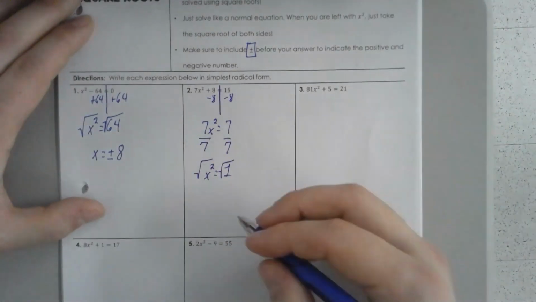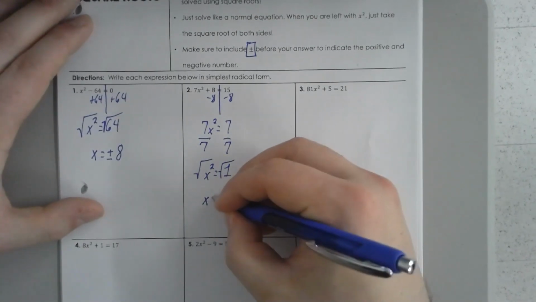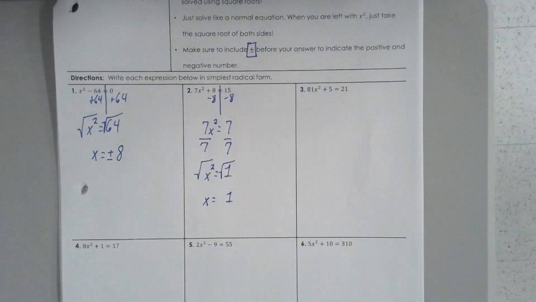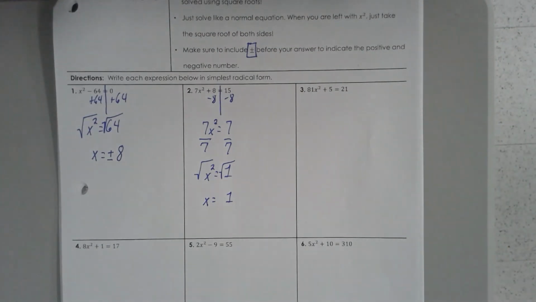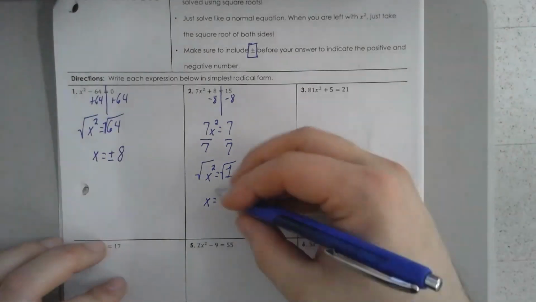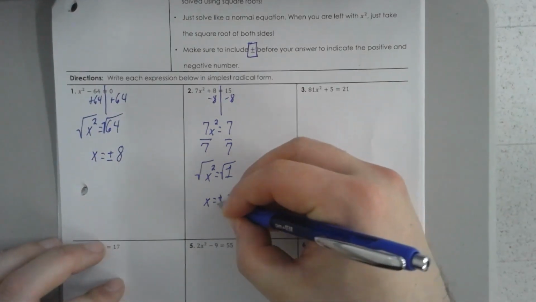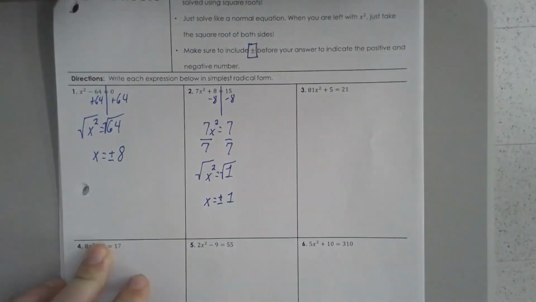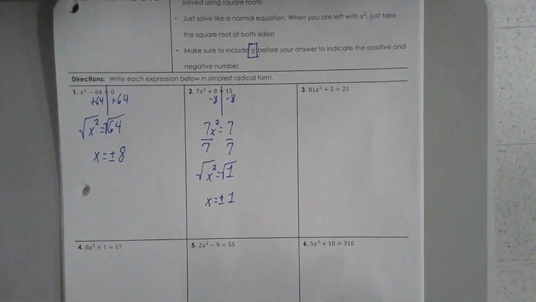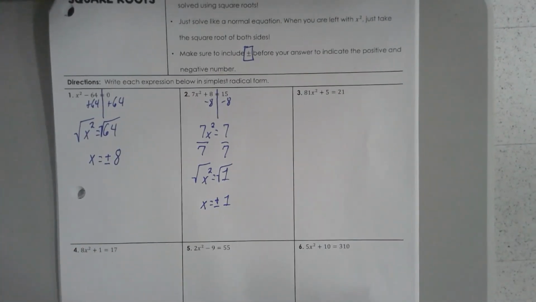What's the square root of 1? 1. Alright, our final answer, x equals 1. But we gotta put our plus or minus in front. Alright, number 3.